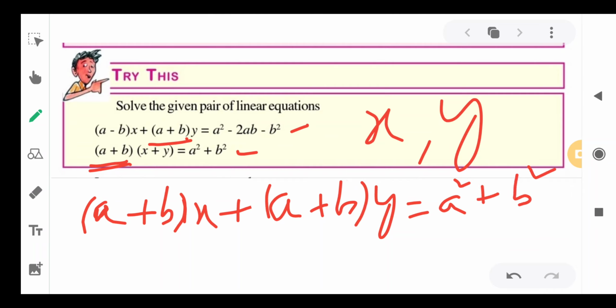Okay, so this is after expansion. We have just multiplied a plus b with x and with y. The right side is as it is.